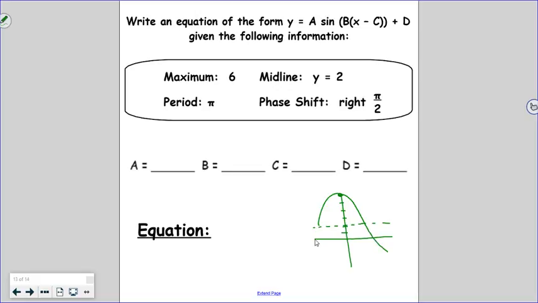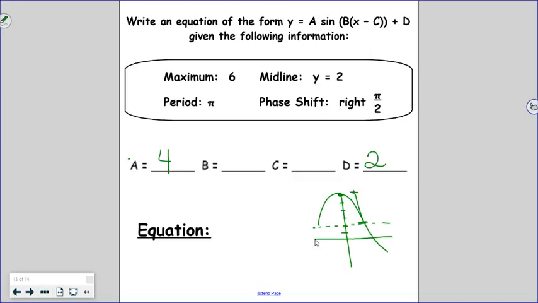So as I draw that, again, D is the midline, but the difference between 6 and my midline is a difference of 4. So your amplitude should be 4. The amplitude is frequently missed if you're not given both. So just be careful you pay attention to what's been given to you.